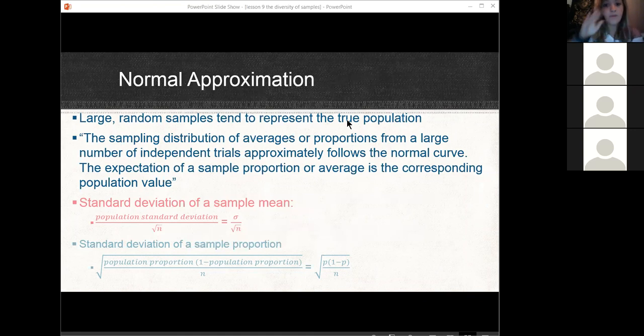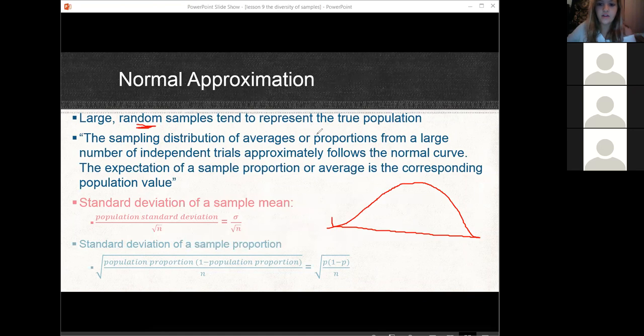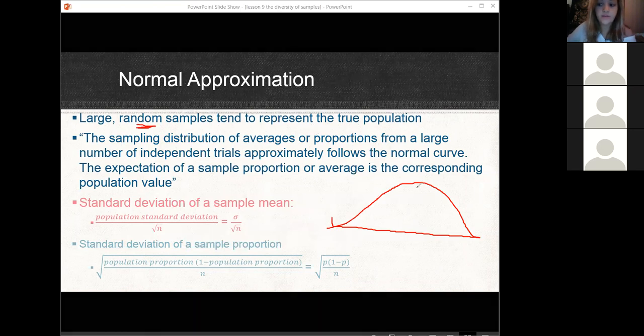So it's going to have that bell-shaped curve to it as long as it's a large sample and also our samples are random. And then it's just saying that our sample proportion is going to be approximately our population value. So if we were to draw this out, if we took a bunch of random samples and it's a large size of these samples, it's going to make a bell curve that looks like this.